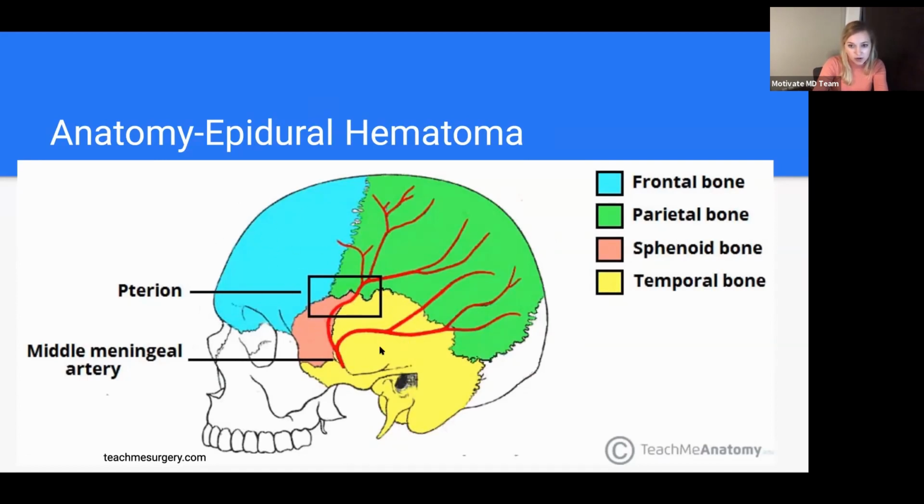We have the temporal and then the parietal. The little jagged edges between all of these are called sutures. And where the sutures all come together here, unfortunately, is right where that middle meningeal artery is located. So that can spell trouble for young people who are playing sports and just get hit in the wrong place.